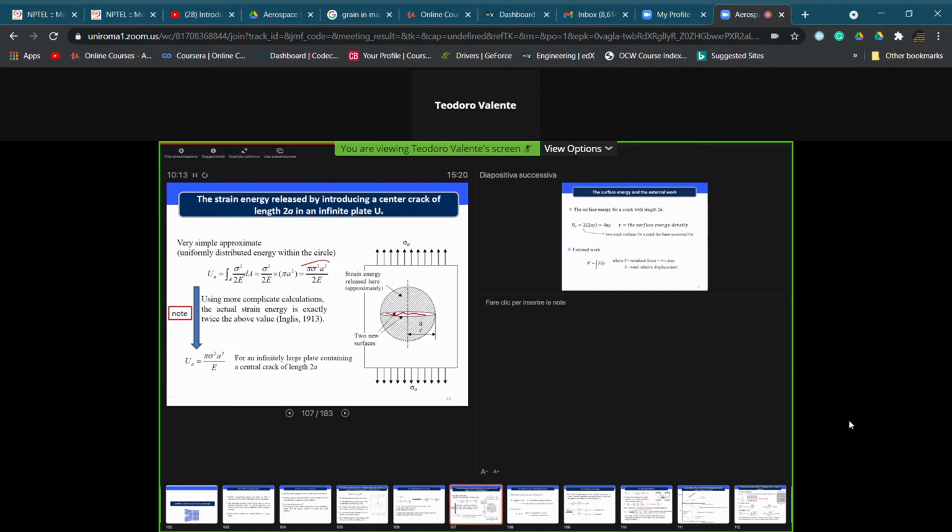So we obtain this final formulation for the value UA.